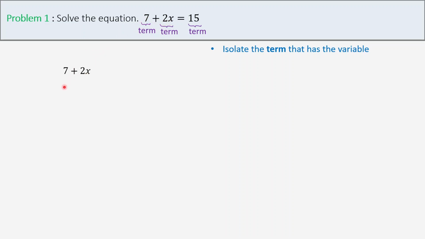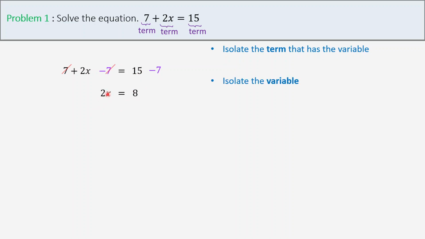Write this. Subtract 7 is equal to 15. If you subtract a number on the left hand side, you need to subtract the same number on the right hand side. Now 7 minus 7 is 0, so you can cancel this out. 2x is equal to 15 minus 7 is 8.